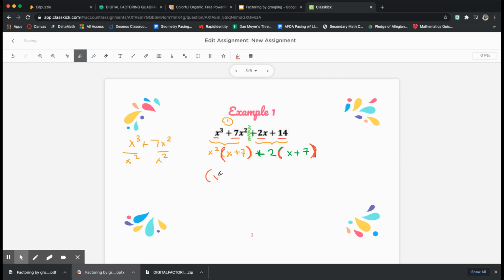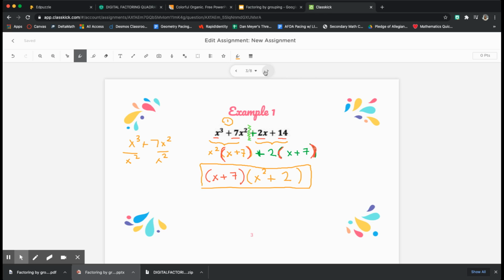So I'm actually allowed to take out x plus 7, and then what's left over are those terms that are on the outside. If I take the x plus 7 away from an x squared, I'm left with x squared. If I take an x plus 7 away from a 2 times x plus 7, I'm just left with that plus 2. And this is my final answer.